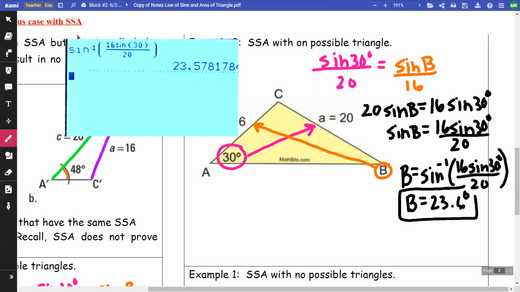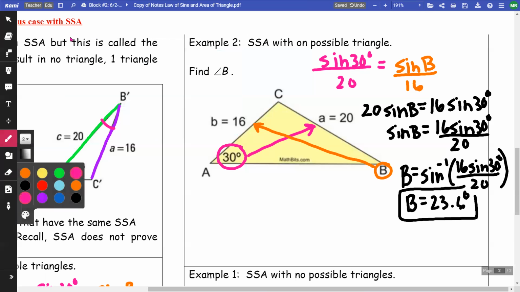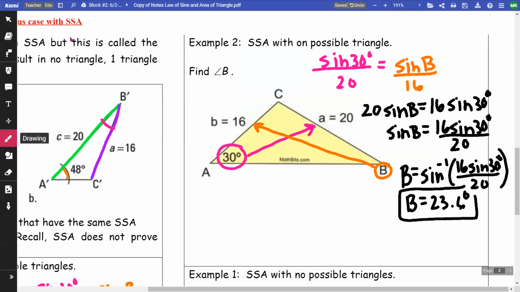Okay. So again, in this situation, that would have been here, but maybe this swings and it hits in a different spot. That's kind of what we're looking at. So that's one answer, but now we need to find the other possible B.